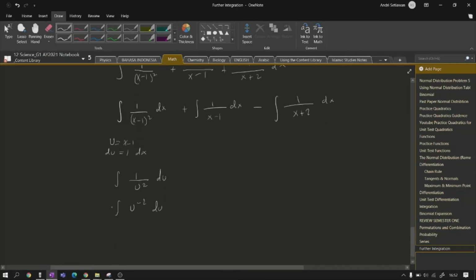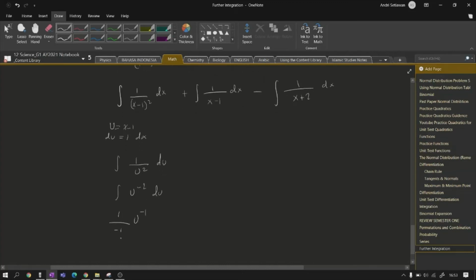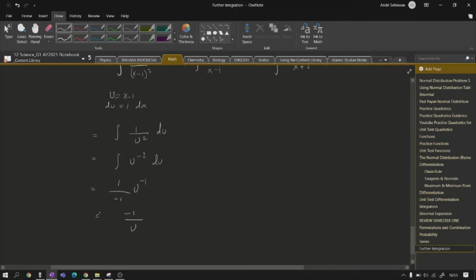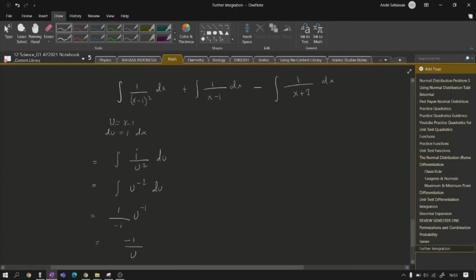So the integral is 1 over minus 2 plus 1, which is minus 1, u to the power minus 1. So we get 1 divided by minus 1, which is minus 1. Since the power is minus 1, we can move u to the bottom, u to the power 1, and re-substitute x minus 1 for u. So we get minus 1 over x minus 1. This is the integral for the first term.